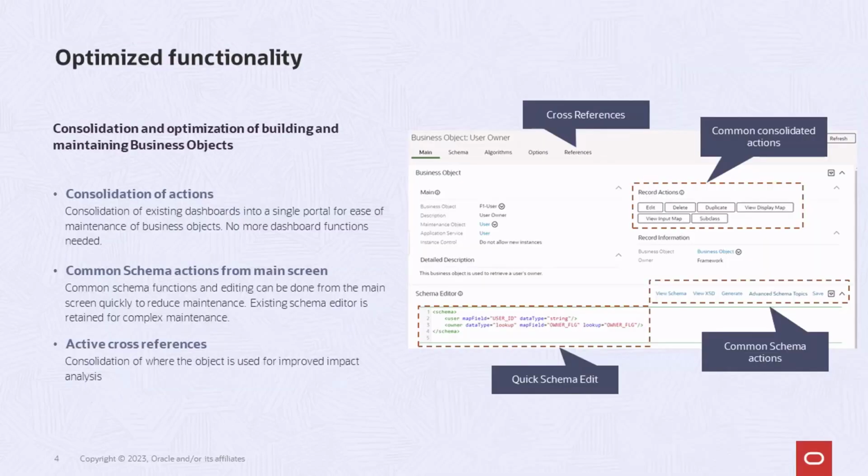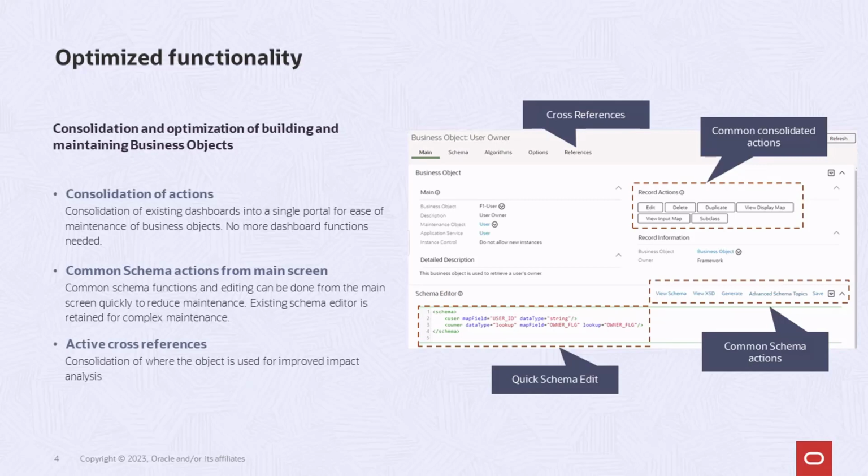There are several key areas where the business object maintenance has been optimized for developers, which includes consolidation of functions so that developers reduce the need for navigating away from the maintenance function. In past releases, sidebar zones were used, which was deemed inefficient. They are now included in the main screen. Schema functions are now on the main screen for common schema maintenance for quick maintenance.